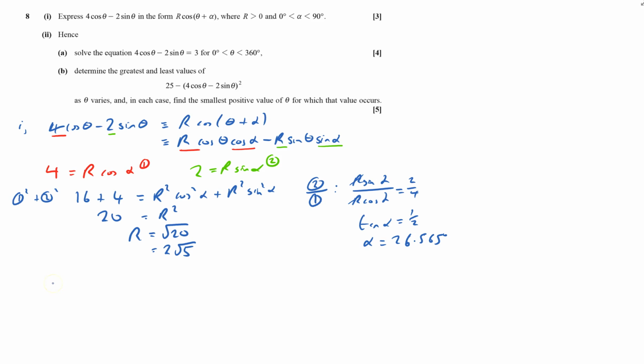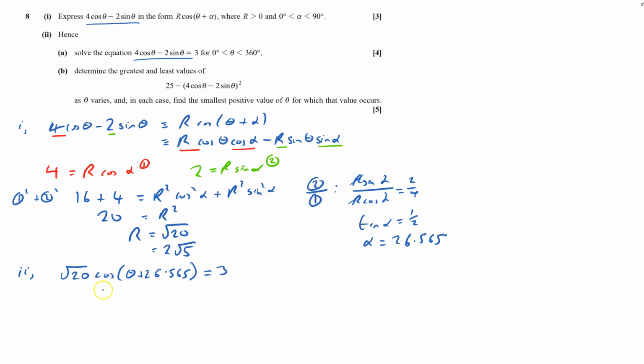So part 2, I'm not sure I'm going to have enough room around here, but we'll see how it goes. I've got to solve this equation. I've now expressed this bit, and it's exactly the same as that, so it becomes root 20 times cos of theta plus 26.565, and that's got to equal 3.